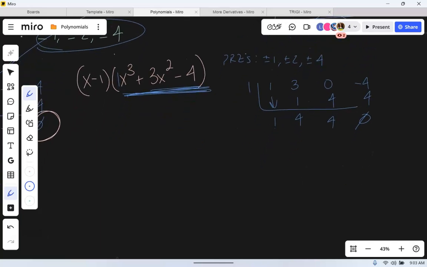All right, so now I'm going to rewrite it. This little x minus 1 is still following this guy down. This is split up into x minus 1 times x squared plus 4x plus 4. I'm always thankful whenever I get down to a quadratic, because even if I can't factor it, I can use the quadratic formula.